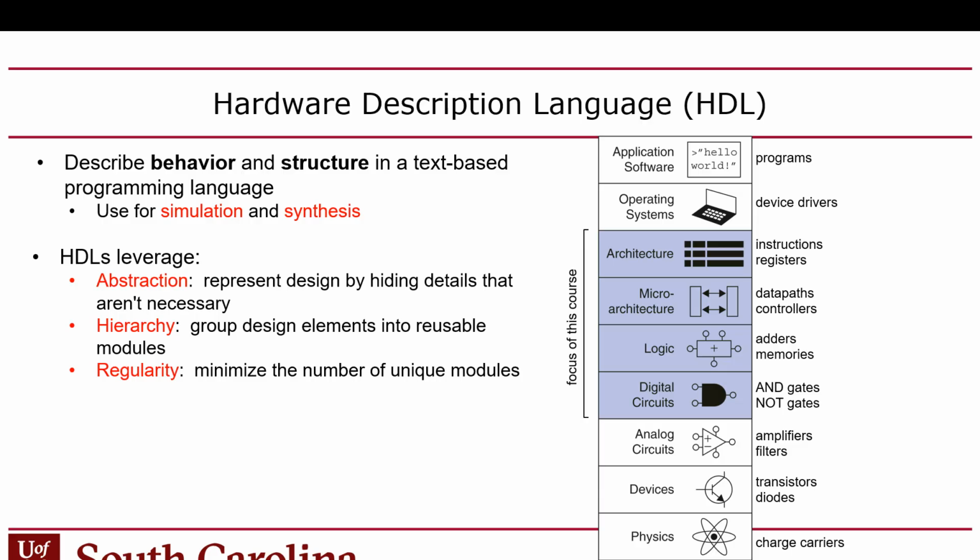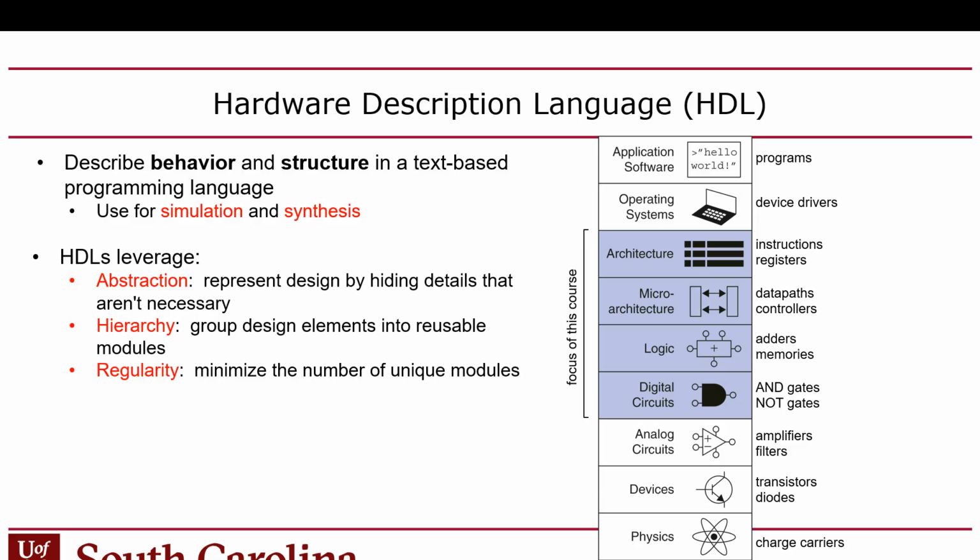Okay, so hardware description language was designed to manage the complexity of large-scale designs. When I first started learning about this stuff, they would say a typical processor has hundreds of millions of gates on it, right? Or billions of transistors. I think nowadays they have tens or hundreds of billions of transistors.